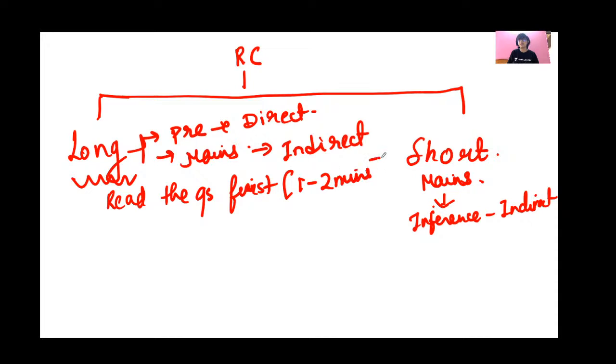Don't take more than this. Within 1 to 2 minutes, read all the questions. Don't go to the options, read the questions alone. If at all you need to go to the options, then you have to go. For example, if the question asks what inference can you draw, then in that case you have to go through the options, but it is better to avoid reading those questions.